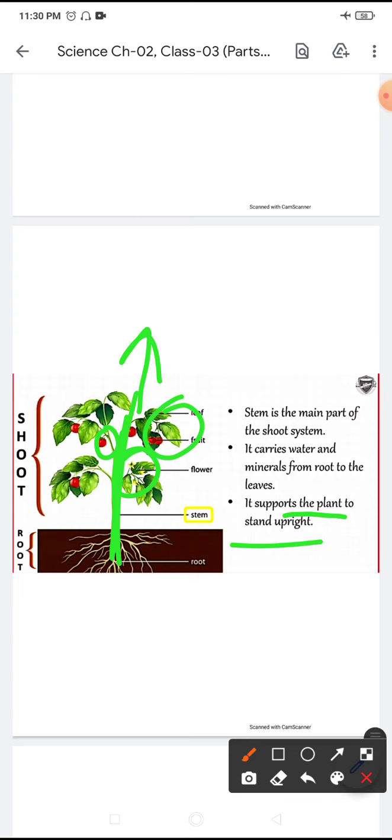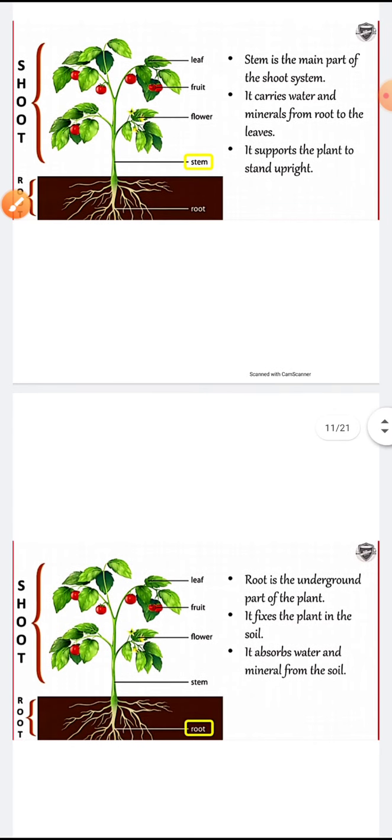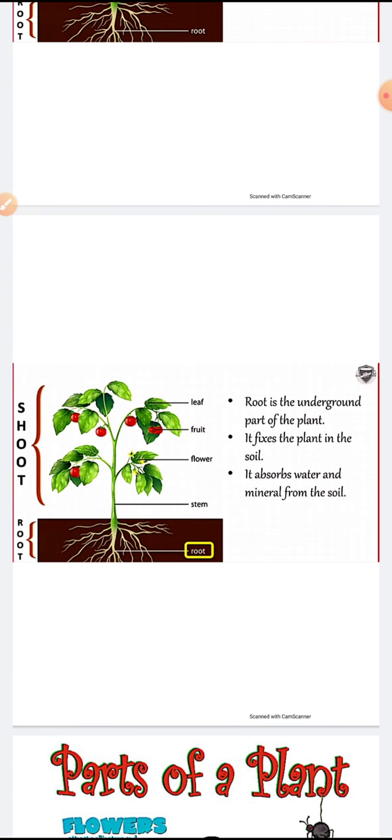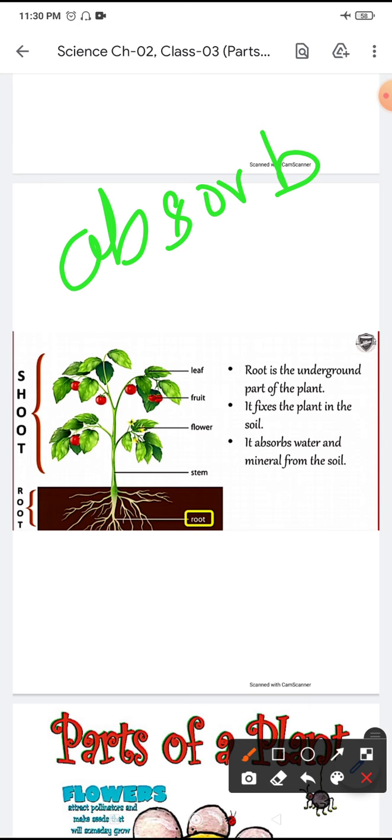Obviously, this stem bears all these things. Then root is the most important underground part of a plant. This is called the root system because they absorb water and minerals from the soil.